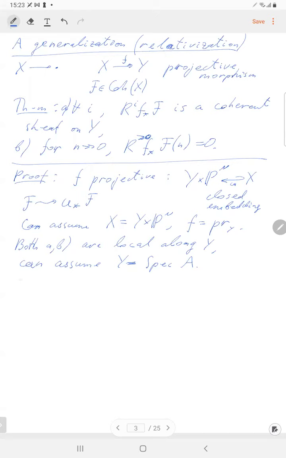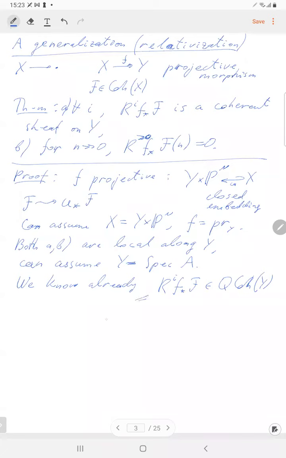Let's write it down. They are quasi-coherent.